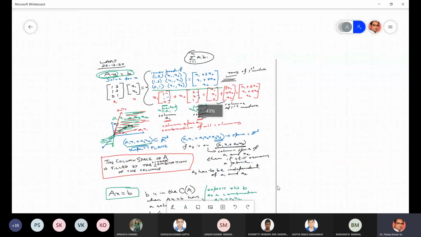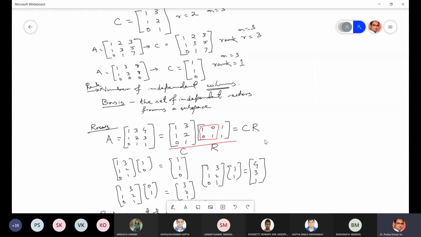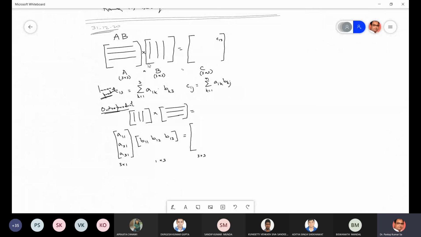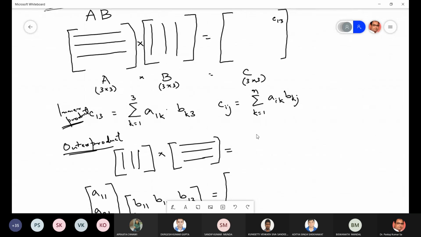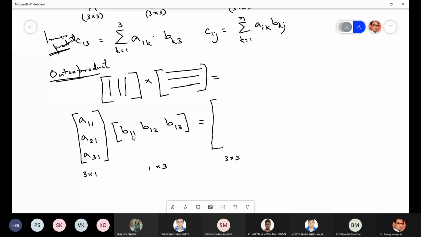Now the same thing I am doing here. Each column of matrix A is scaled by each element of one row of B matrix, and then summed together.